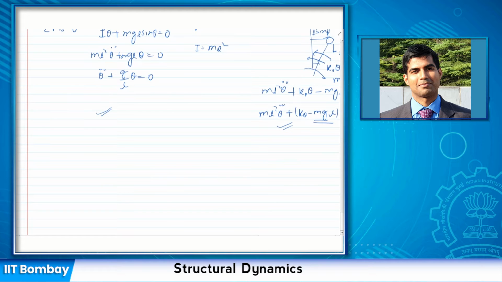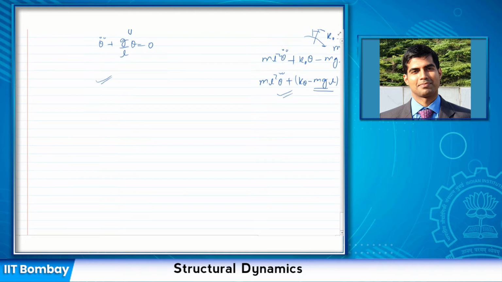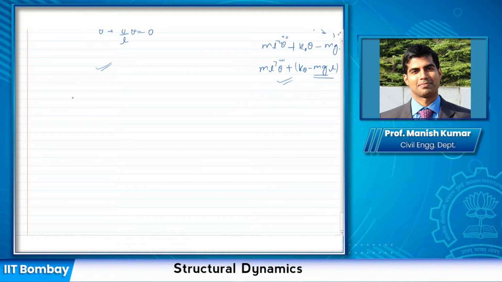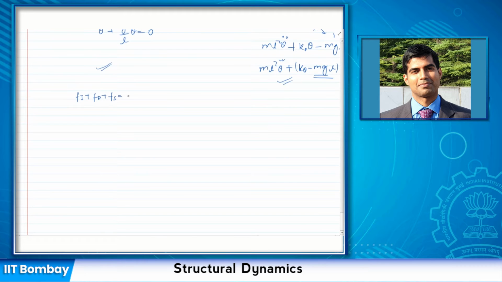So let me go ahead: what was the equation of motion that we obtained? In general terms, if I write it in terms of different components of forces, it was inertial force plus damping force plus stiffness force is equal to the applied force, correct?